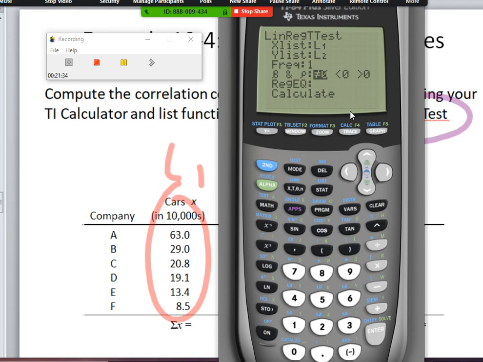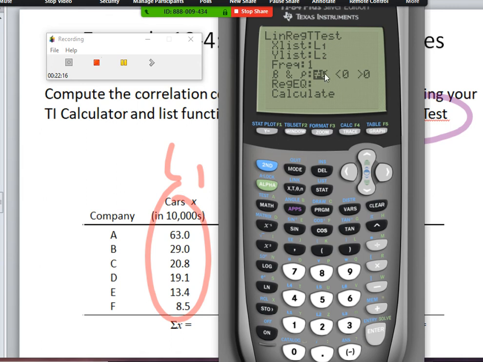And you guys listen up. Pay attention here. This part here is going to be not equal to. Because for all of chapter 10 and 11.1 and 11.2, our H1 is going to be not equal to. So we don't care whether you have a negative correlation or a positive correlation.